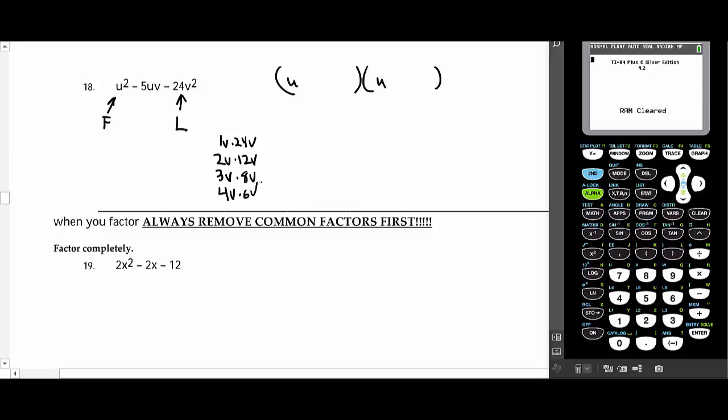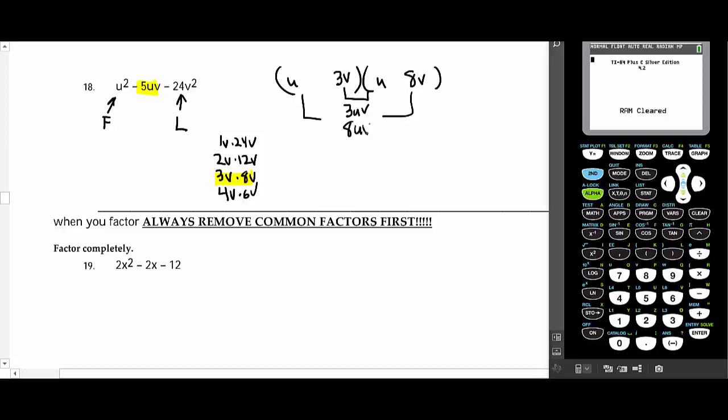So what's right? 3 and 8, right. 3 and 8 are 5 apart, so you can make them add up to negative 5. So I'm going to put in 3V there, and I'm going to put in 8V there. So that's going to give me a 3UV and an 8UV.